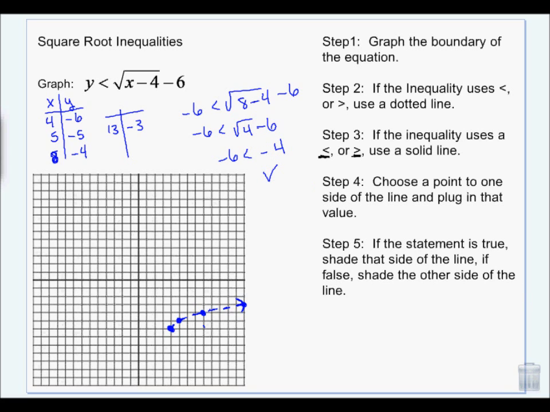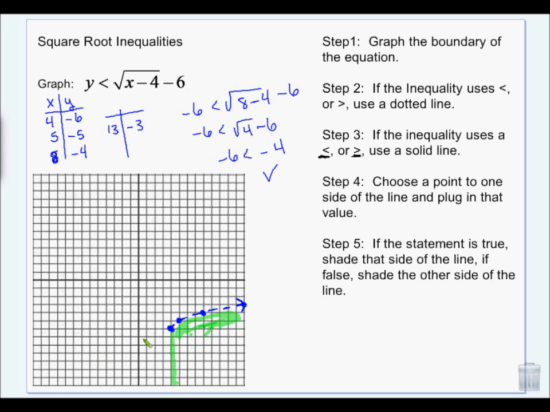So because it's true, I need to shade down here. Now, I have a boundary though. This end of my graph is my boundary line. I cannot shade past that boundary.